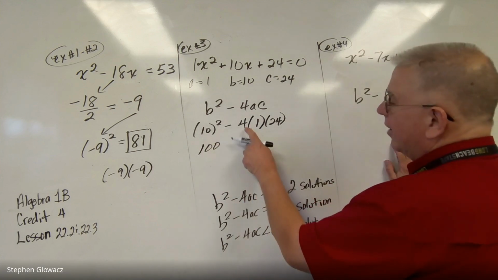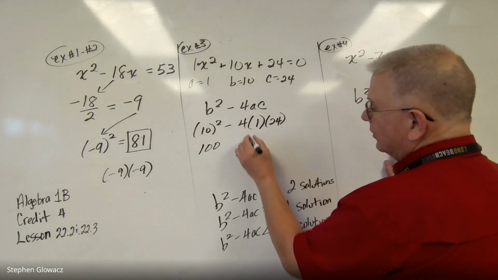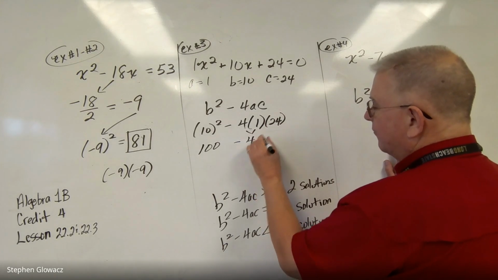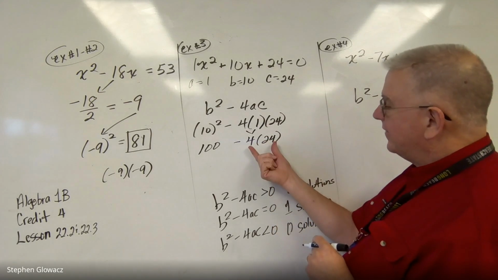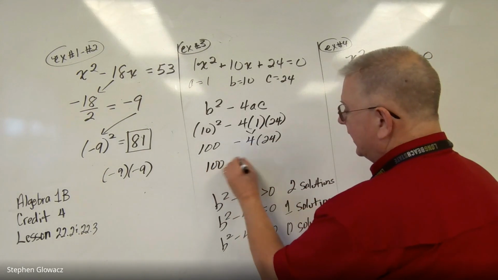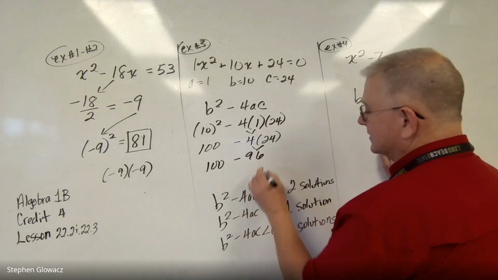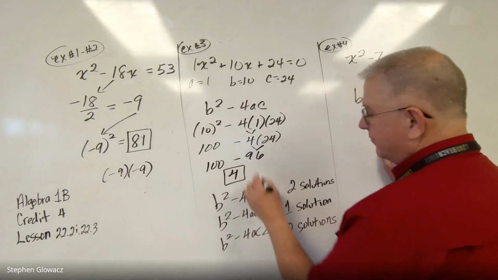And then over here, we're going to multiply. Now that's a negative 4. So negative 4 times 1 is negative 4 times 24. And then, so negative 4 times 24 is negative 96. And then 100 minus 96 is positive 4.